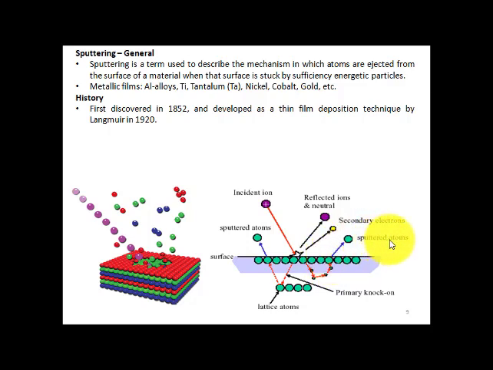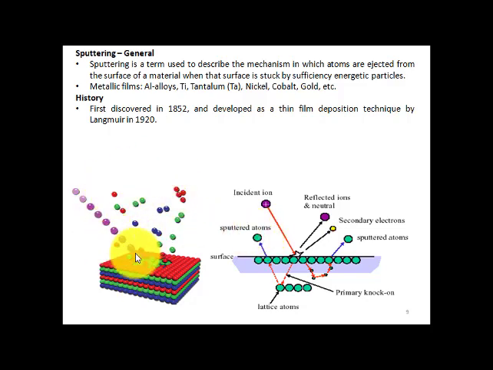So we will call this atom a sputtered atom. Similarly, the incident ion can exert a force on lattice atoms, and the lattice atoms can reflect that force, which can also result in the sputtering of atoms.